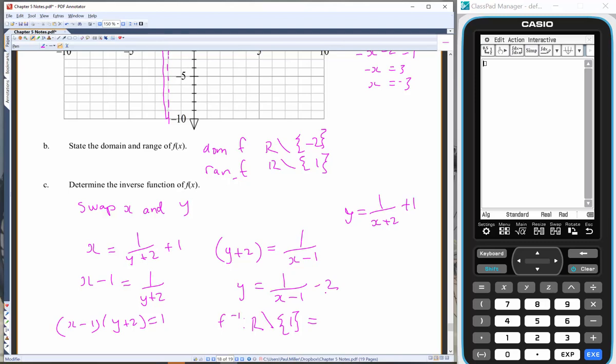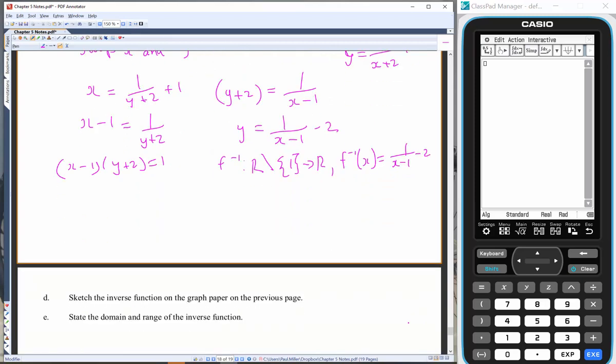F negative 1 maps to the codomain, which is the set of all real numbers. F negative 1 of x equals 1 over x take 1, take 2.